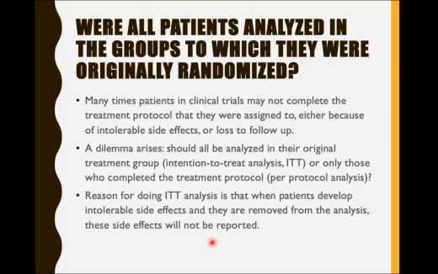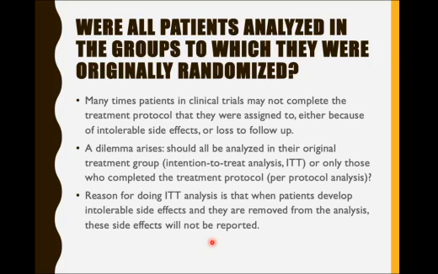Now, were all patients analyzed in groups to which they were originally randomized? What does this mean? You see, when there is randomization, a patient will be assigned to a treatment group.